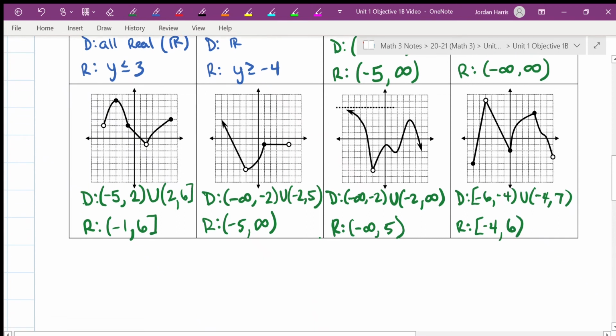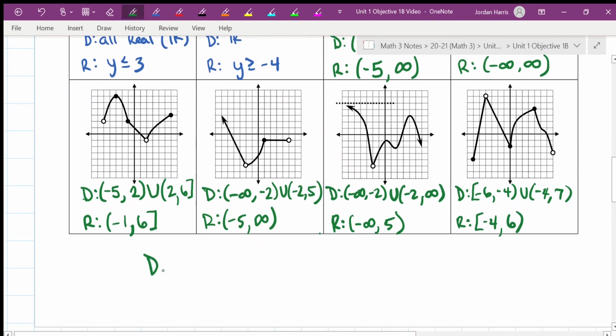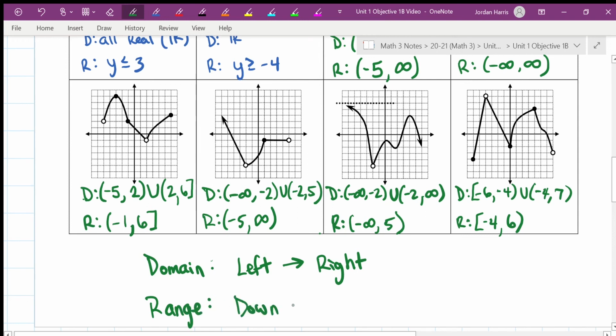Okay, so things to remember. Domain, you always go left, start with the leftmost to the rightmost. Look at what we include, all the values in between. Range, we always start with the low, I'll say down, then we go up to the highest, up.